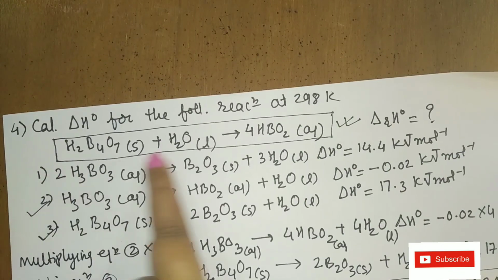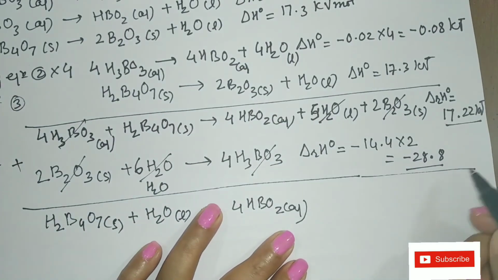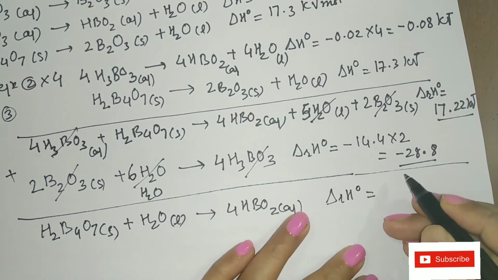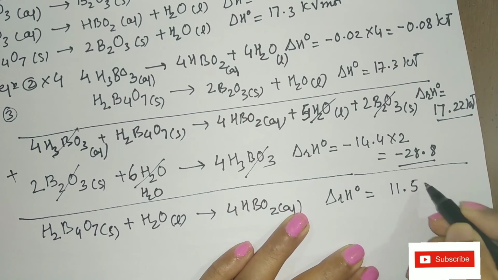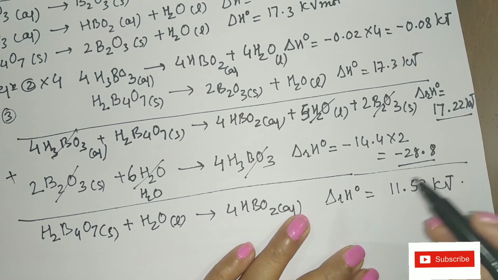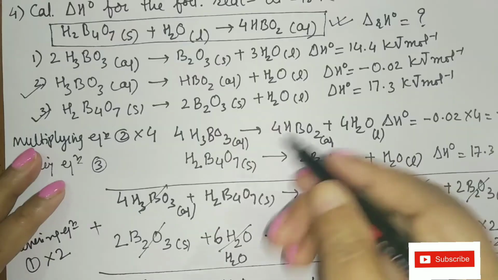Have I reached the given equation or the required equation? Yes. So same I will add here. So after adding this for the reaction, the enthalpy change is 11.58 kJ. Right, students? It will be with the minus sign. So this is what the answer is. You have reached the final equation.